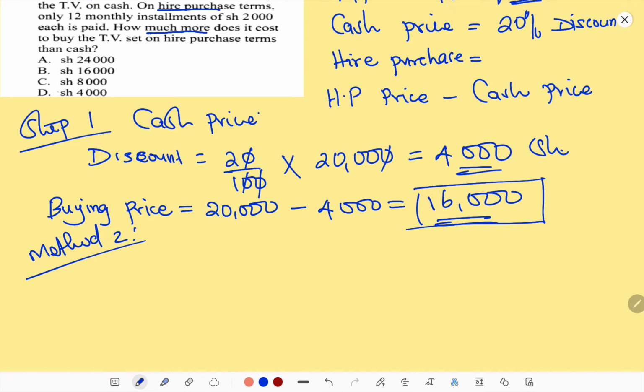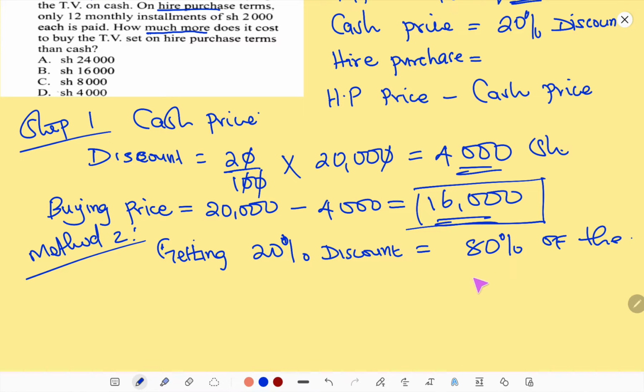So step number 2, you say that if you are getting a 20% discount, right? It means that you are paying 80% of the marked price. MP is marked price.